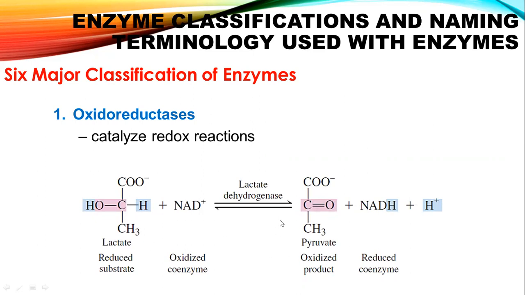This one is the oxidized product, and this one is the reduced product. And in the process, the hydrogen will be given to NAD. So this one is the one that accepts the electron, which comes from here. You will have NADH. Two hydrogens are being removed, and you have here the reduced coenzyme.